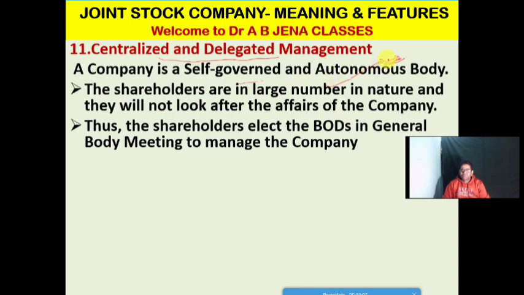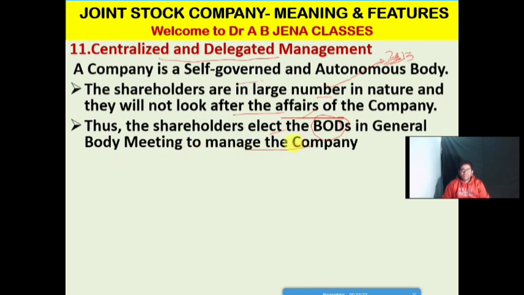As per the provisions of the Indian Companies Act 2013, the shareholders are large in number and will not look after the affairs of the company. So what will happen? The shareholders elect the board of directors in the general body meeting of the company to manage the company.